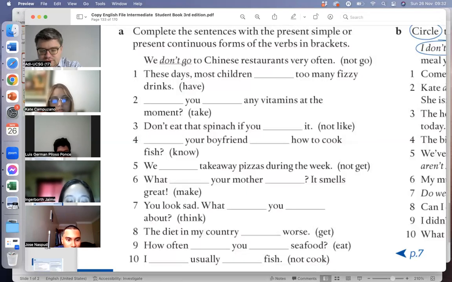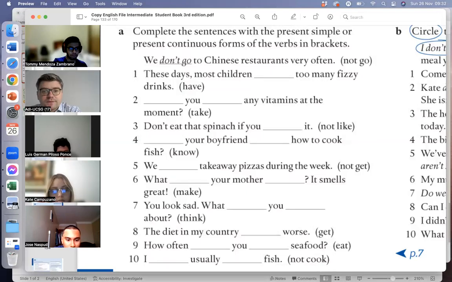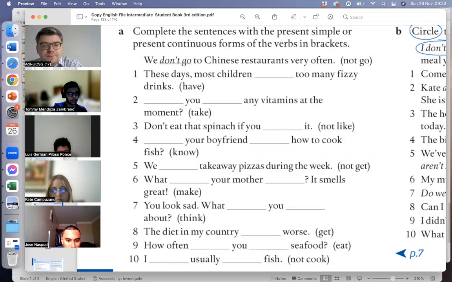Number 8. Who would like to do number 8? Tommy. The diet in my country get worse. Okay. Why did you pick get worse? Why did you pick present simple? I think because it's a general truth of that country.